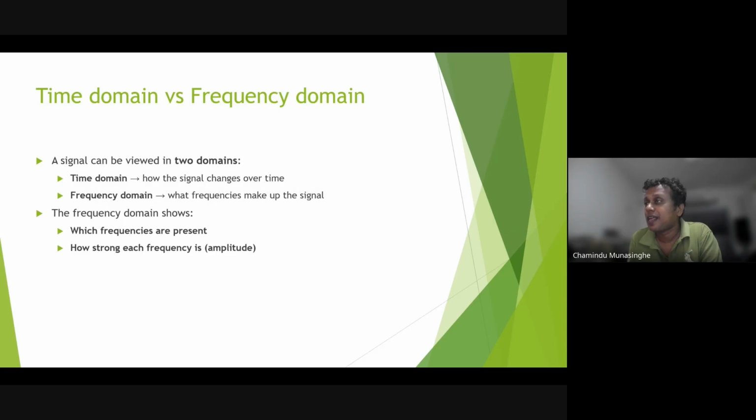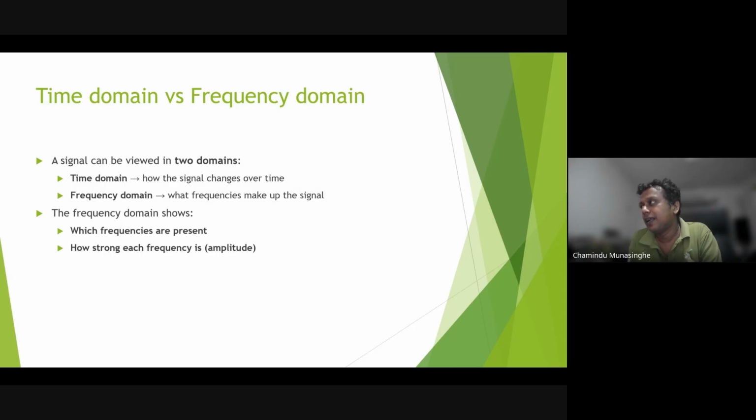So now, in terms of the frequency domain, if we show a signal in the frequency domain, the x-axis is frequency, and the y-axis remains the same, the amplitude.